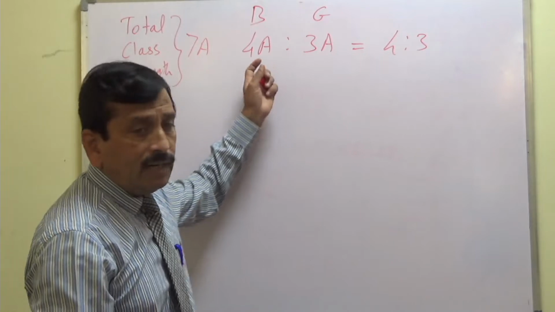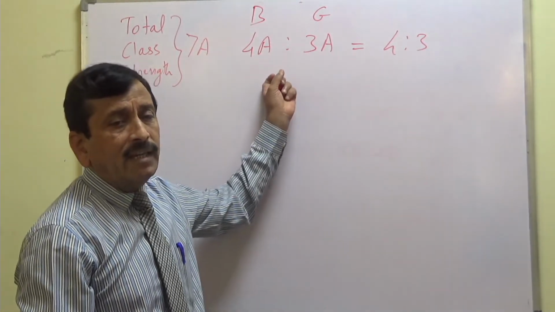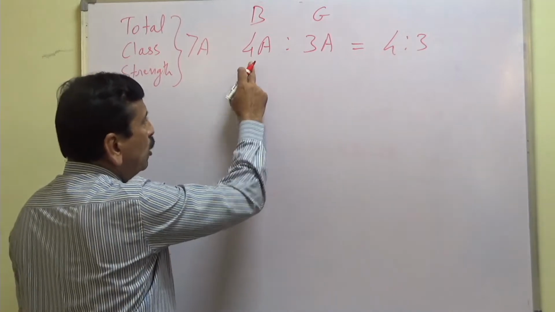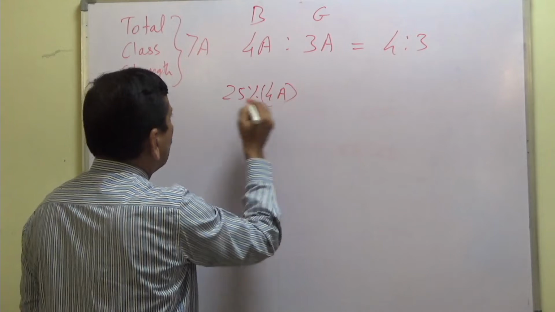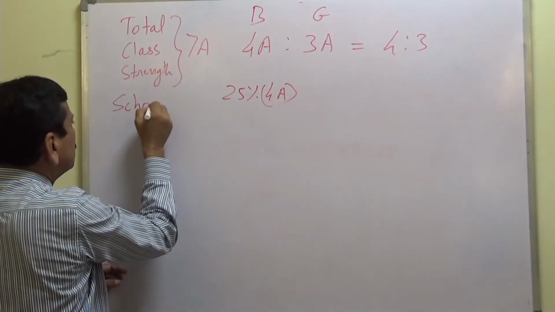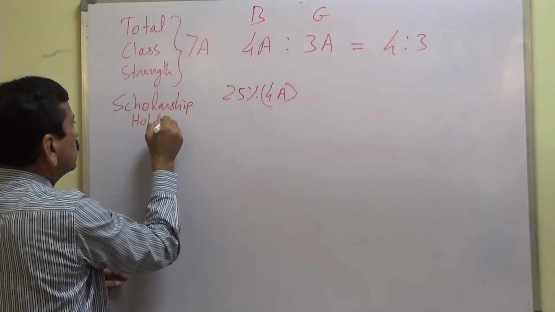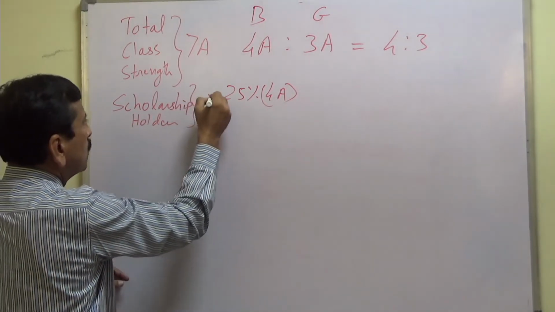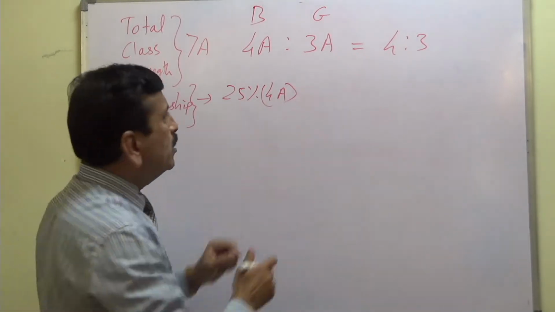Now we realize what is given in the problem: 25% of boys get the scholarship. So 25% of 4A are scholarship holders, and about girls it is 30% of the girls.